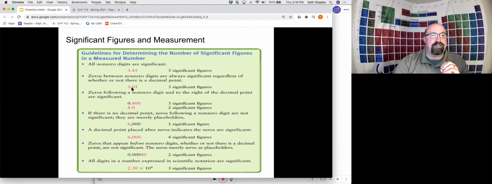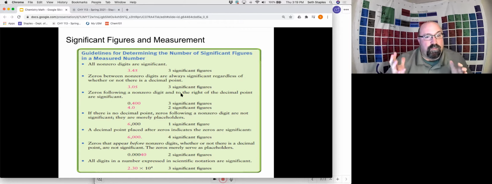So something like 3.05. This 0 here is between 2 others that are non-zeros. And so that 0 counts, it is significant. If you have a 0 that follows a non-zero digit, which is to the right of the decimal point, that is significant.